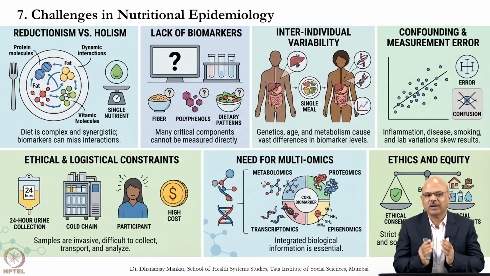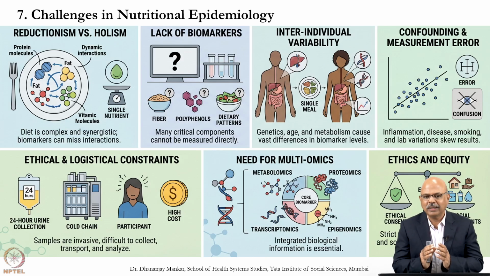Ethical and logistical constraints: 24-hour collection, cold chain logistics, participants, and high cost, where the samples are invasive, difficult to collect, transport, and analyze, which makes this one of the important challenges.